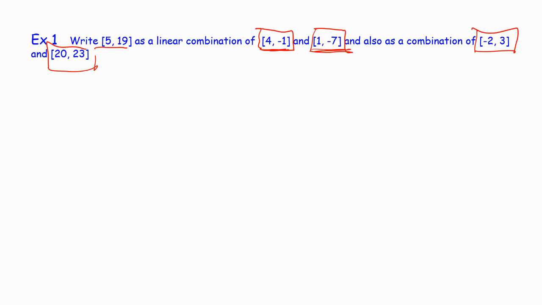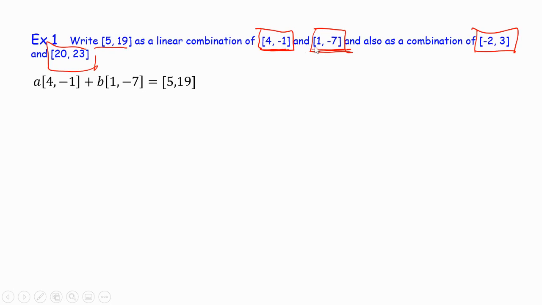Let's see if we can multiply the 4, minus 1 and the 1, minus 7 by some scalars and make it become the 5, 19. All right, so here we go. I'm going to take A. I don't know what A is yet, we'll get to that in a minute. We're going to take some scalar and multiply it by the 4, minus 1. Now remember, this is not i, this is not j, which is what we're accustomed to, the 1, 0 and the 0, 1.